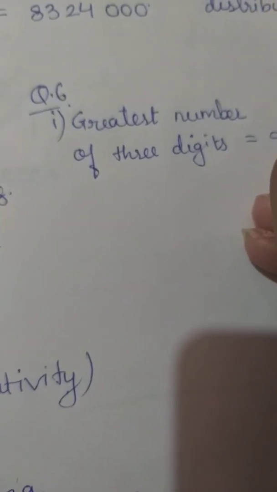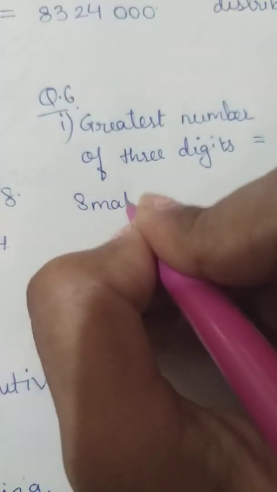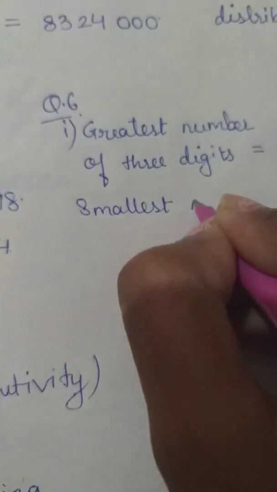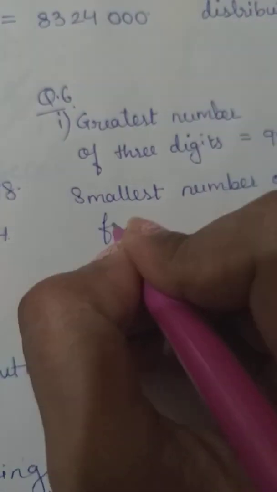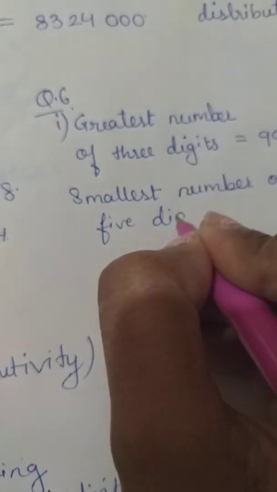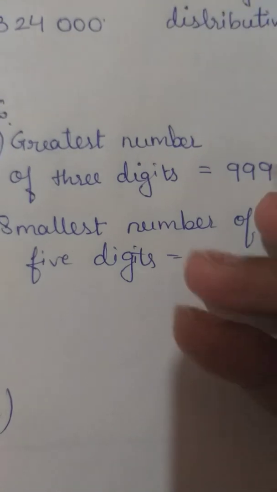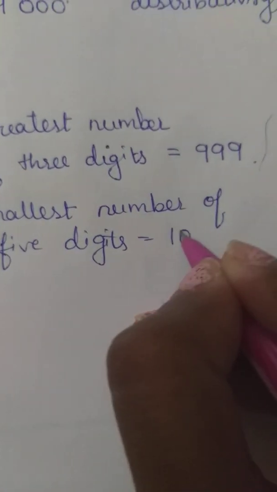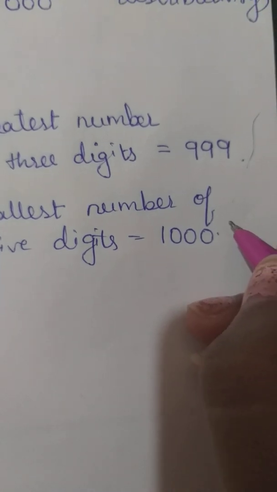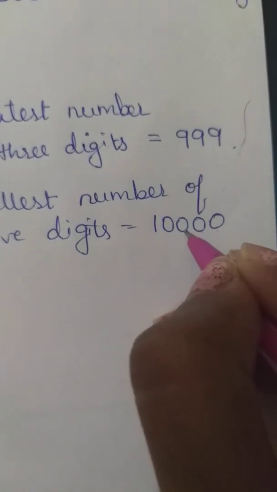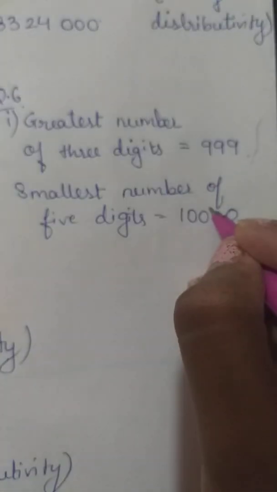Yes, the greatest number of 3 digits is 999, and the smallest number of 5 digits. One, two, three, four, five. 5 digits, smallest number. Greatest and smallest number.